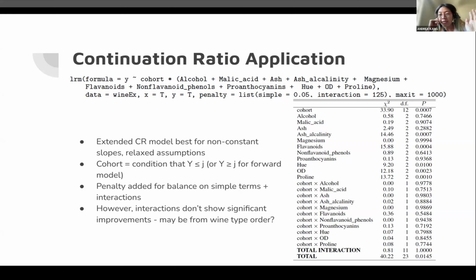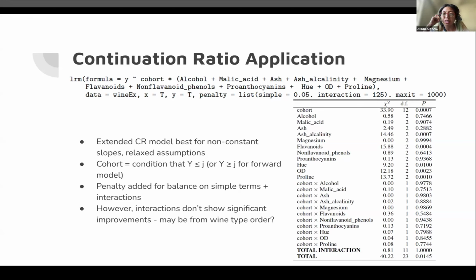Obviously we cannot incorporate all the interactions or all of the terms, because it could lead to too many complications for the model, which is why I added a penalty, 0.05 for simple terms and 125 for interactions.